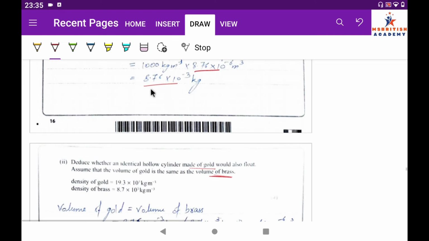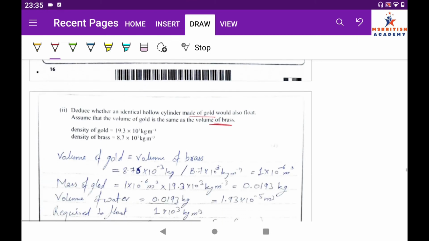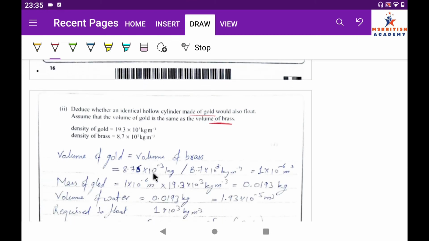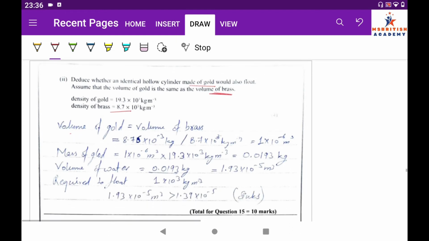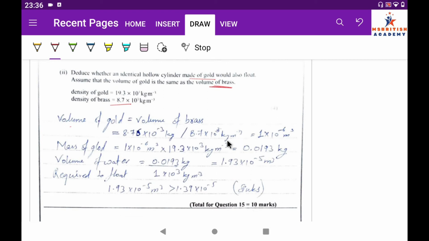We divide this mass by the density of the brass. So from here we will calculate the volume of gold. After calculating this, we get 1 into 10 raised to minus 6 meter cube.